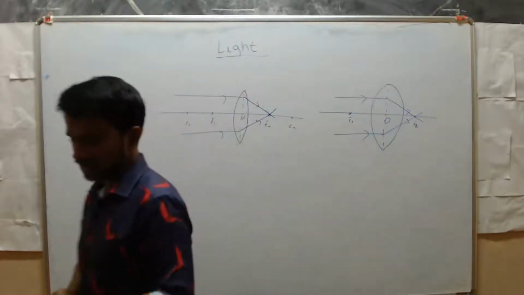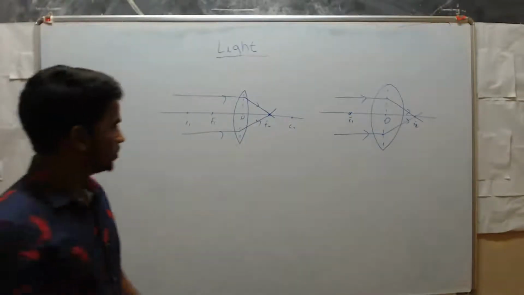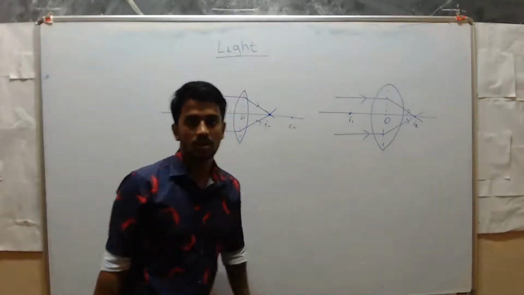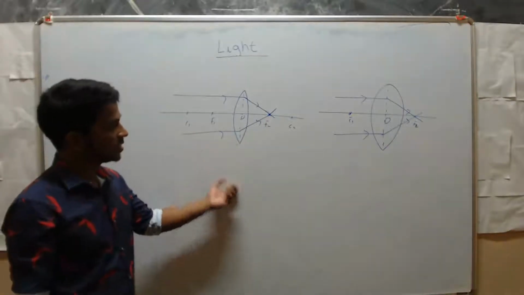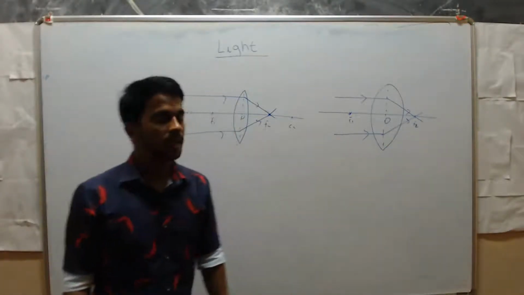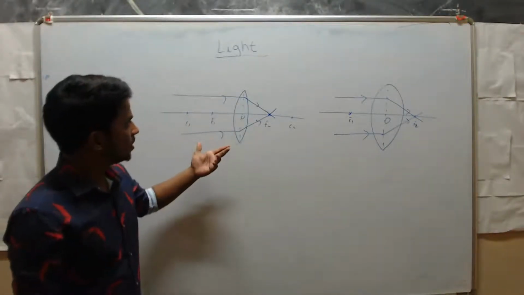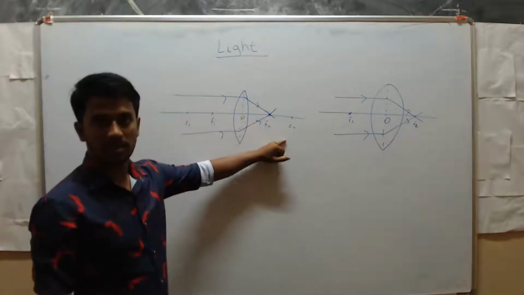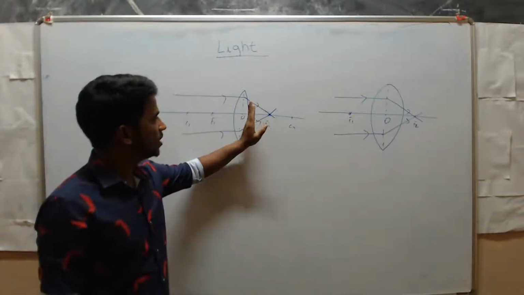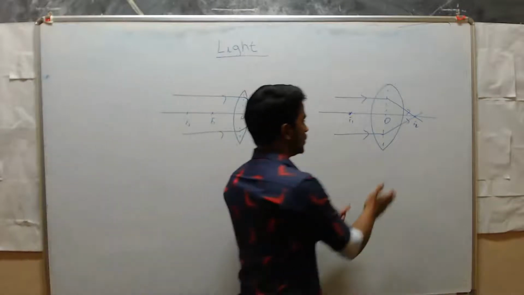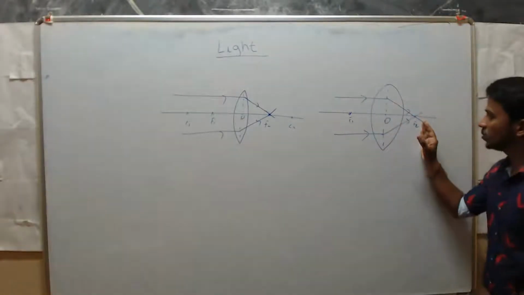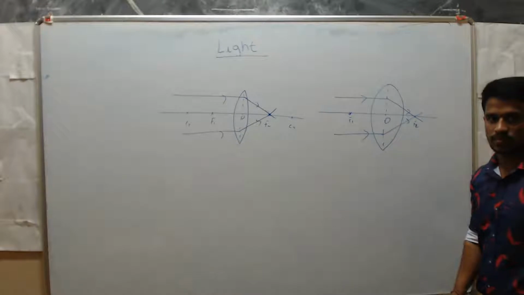See here, both are convex lenses, and this one is thinner and this one is a thick lens. Observe here: the converging point is a little bit far from the lens compared to this one. Here the converging point is very close to the lens.